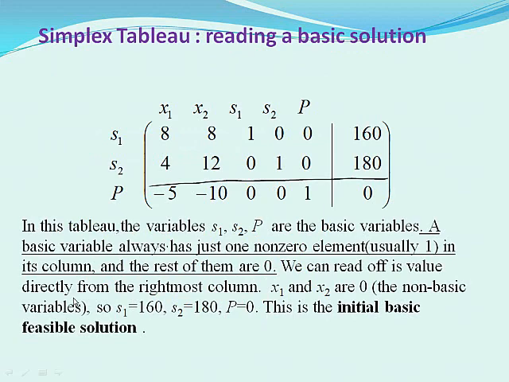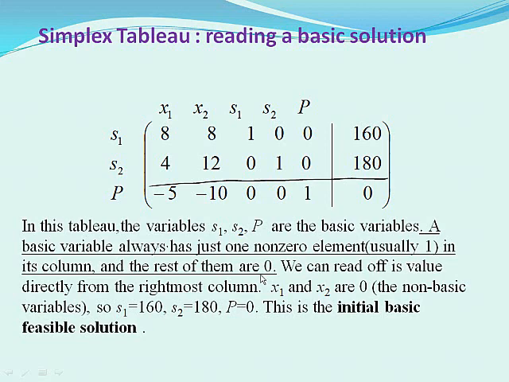At any stage of the simplex method, we can read a solution from the tableau. So this is how we do that. We separate the variables into what are called basic variables and non-basic variables. A basic variable always has just one non-zero entry in that column and the rest of the entries are 0.